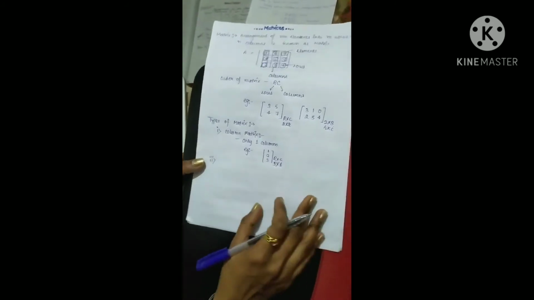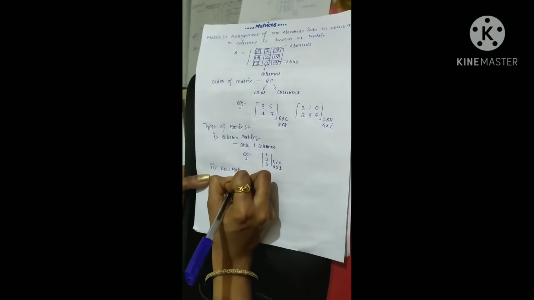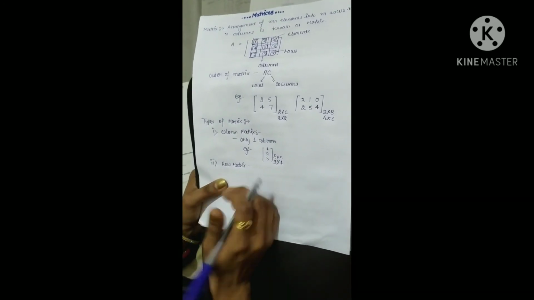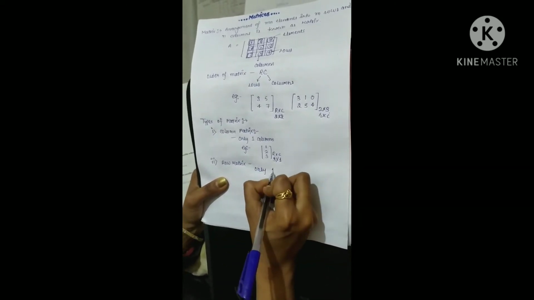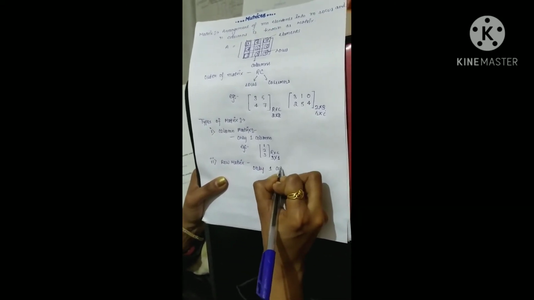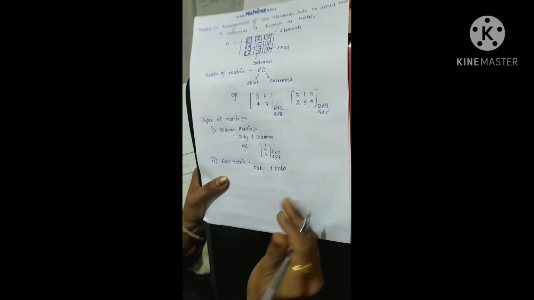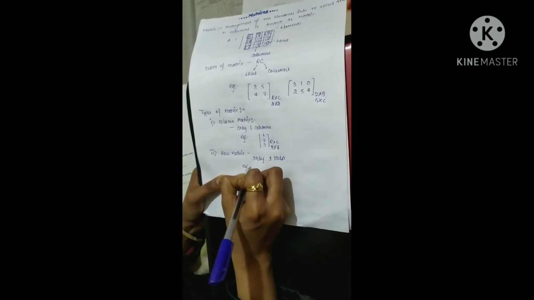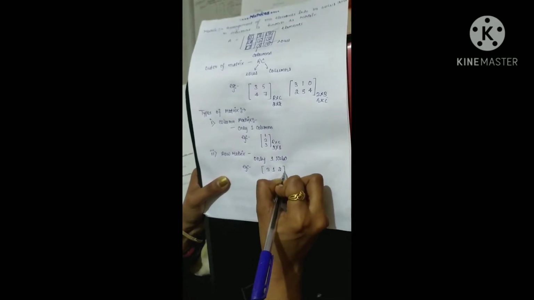Second one is row matrix. Row matrix means in which the number of rows is only 1. A single row will come in this. Now an example of the row matrix.